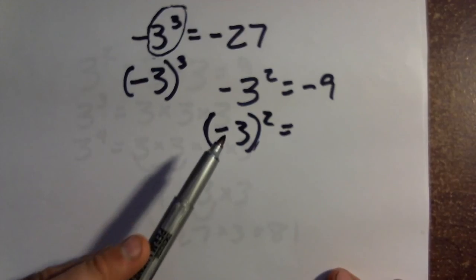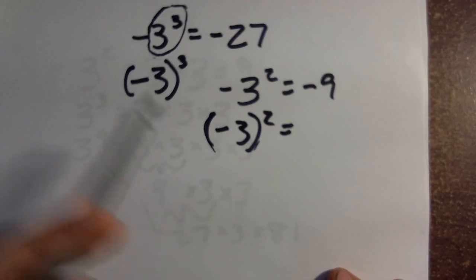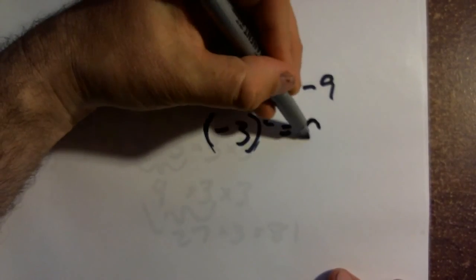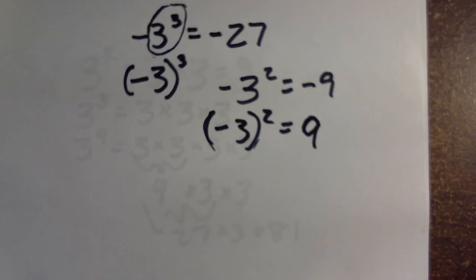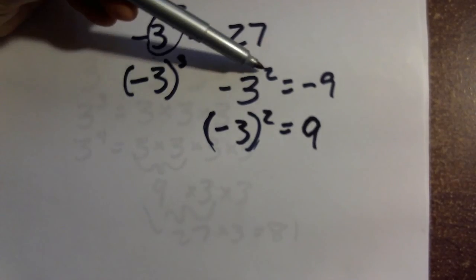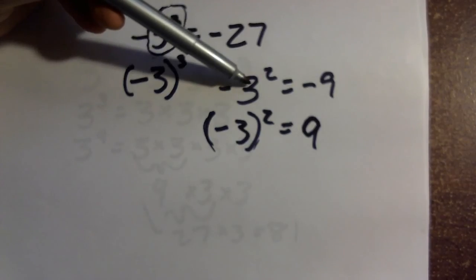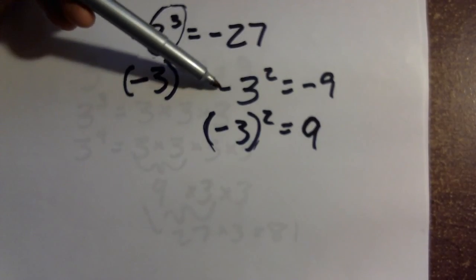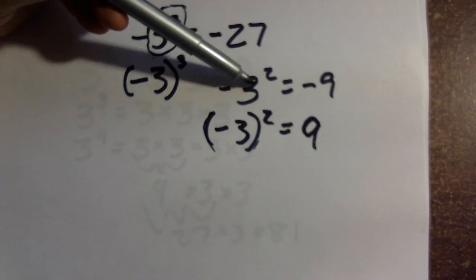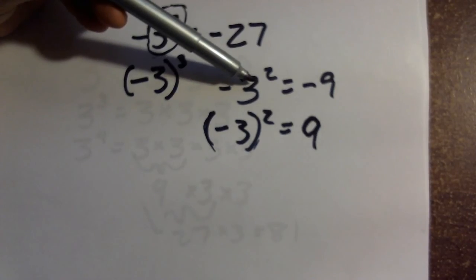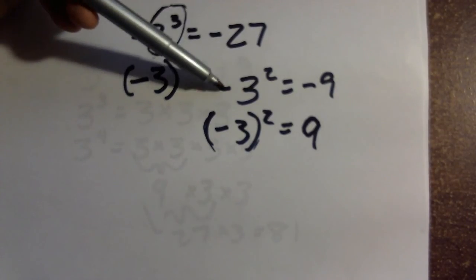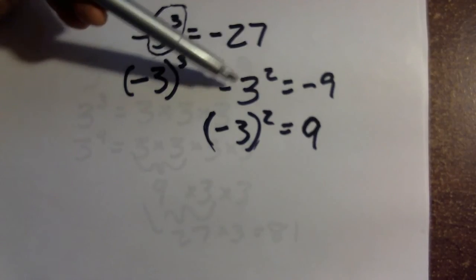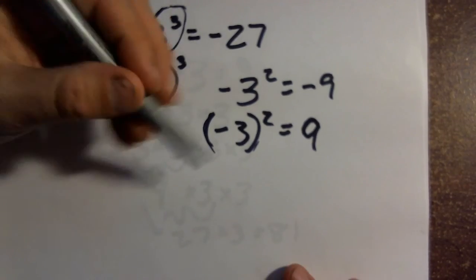So negative 3 times negative 3 is positive 9. And if you don't know how the negatives multiplication works, you can just click right over here. That'll take you to it. But in this top case, the 2 is only touching the 3. It's not touching the negative. So we square the 3, which is 9, and then the negative of that, so negative 9. So that's how we get it.